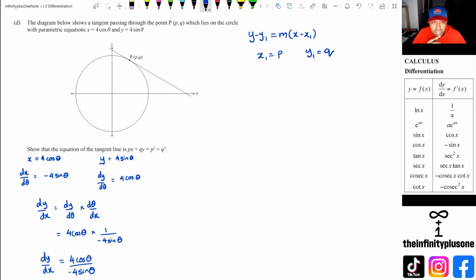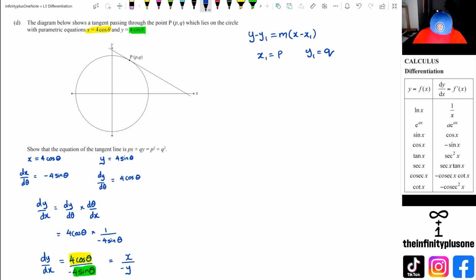However, there is something that you need to notice here. This is one of these really neat, tricky merit questions. The reason being this: if you notice, x is equal to 4 cos theta, and what we have in dy dx is 4 cos theta. And if you look at the y value, y is 4 sine theta, so this part here is 4 sine theta. So really, dy dx is actually equal to x over minus y.